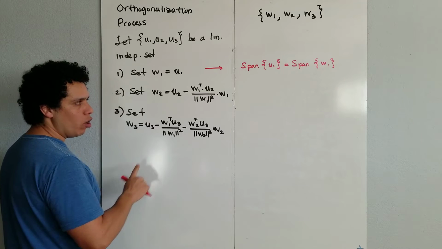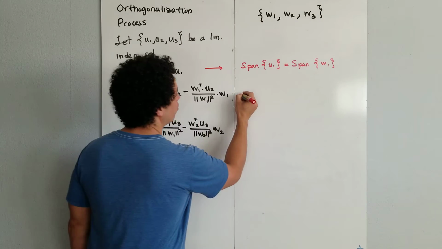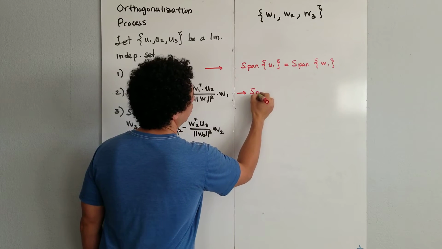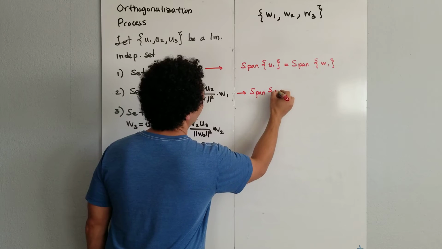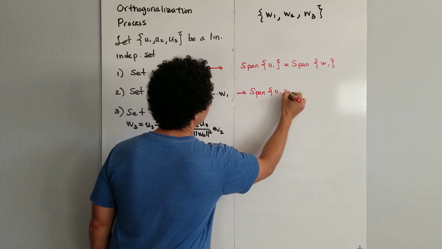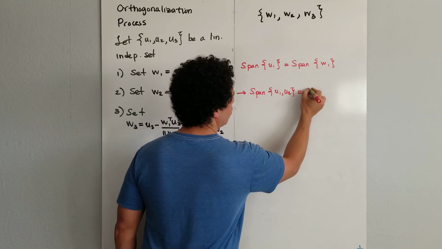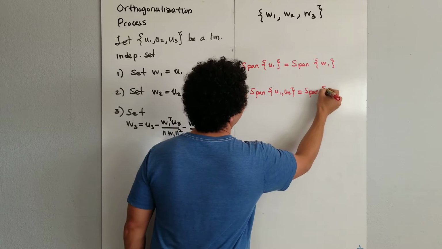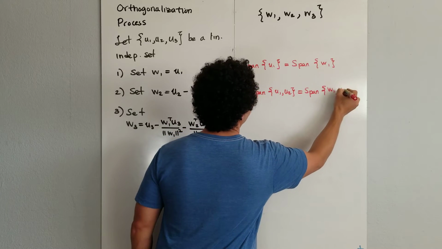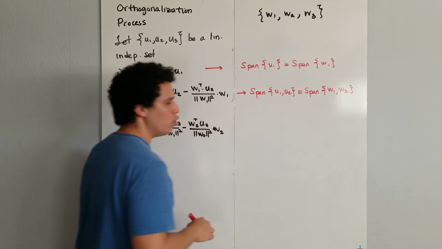And by doing so, we guarantee the following: the span of U1 and U2 is the same as the span of W1 and W2.